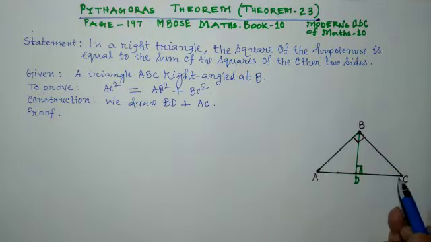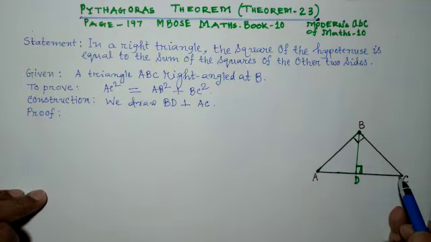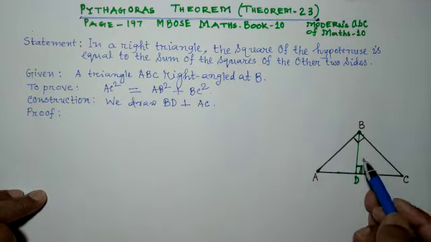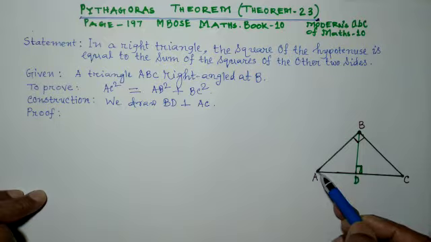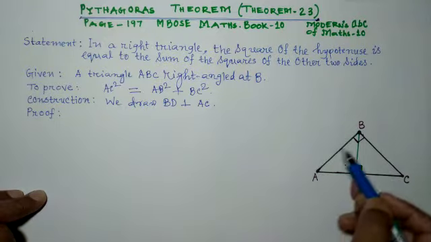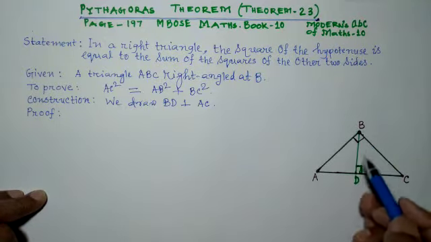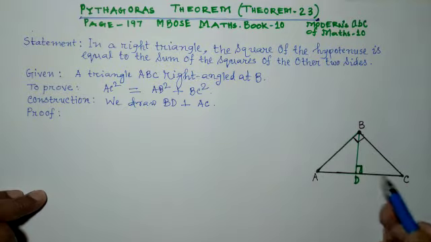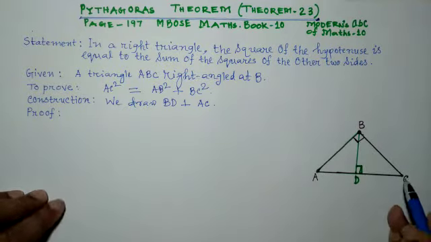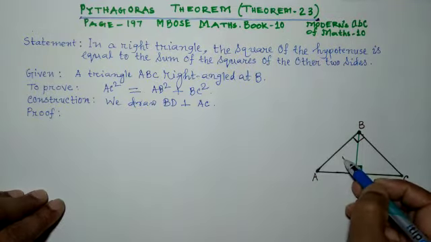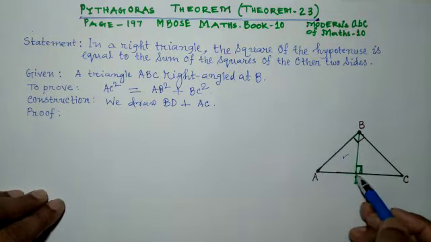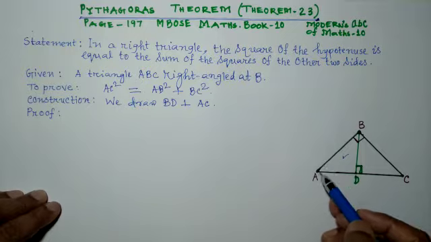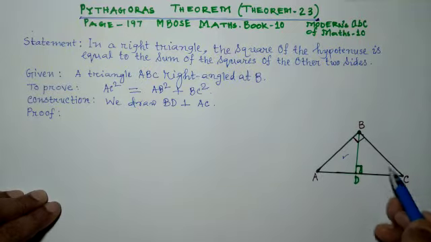So now in the figure, we can see total three triangles. One is ABC, the original triangle, and other two are the two small triangles ADB and BDC. So in the proof we take this small triangle ADB and we take the original triangle ABC.